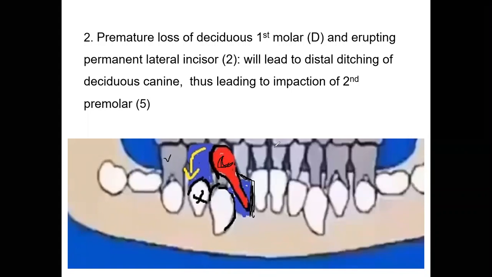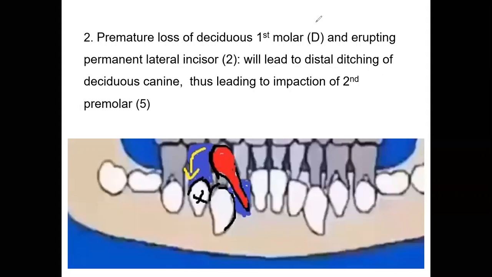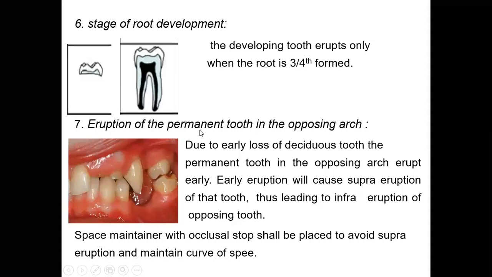This deciduous canine will lead to distal tipping. This distal tipping of the deciduous canine will ultimately lead to impaction of the second permanent premolar. This is another scenario. Due to this, the impaction of the second premolar will occur and will ultimately lead to malocclusion.